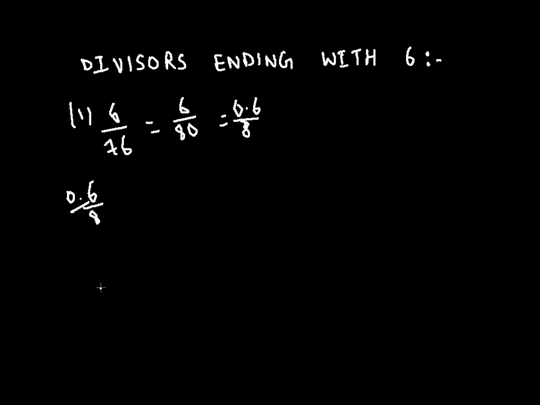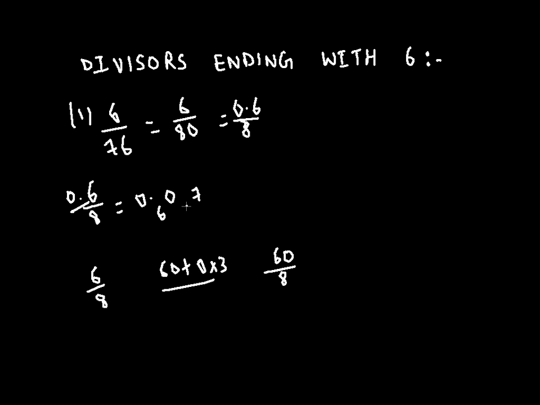So 0.6 by 8, that means the quotient is 0, the remainder is 6. 60 plus 0 into 3 is our final dividend, which again turns out to be 60. So 60 is our next dividend.